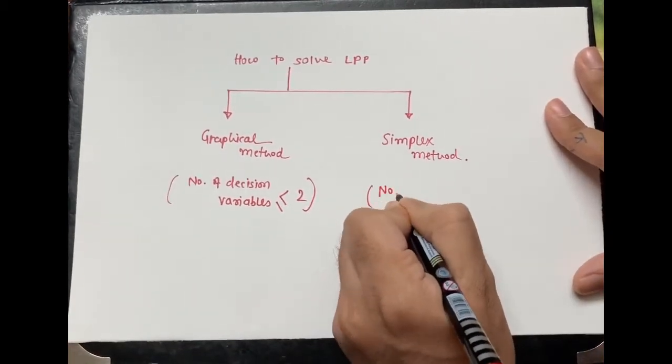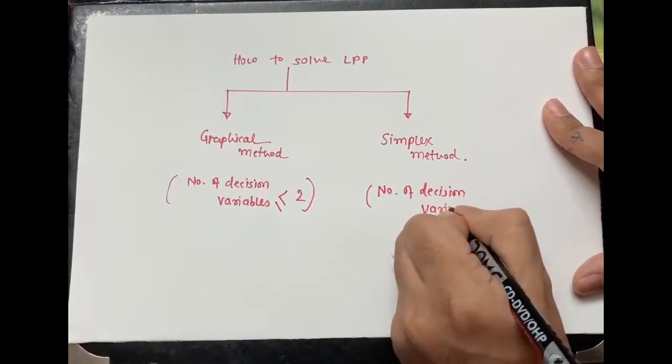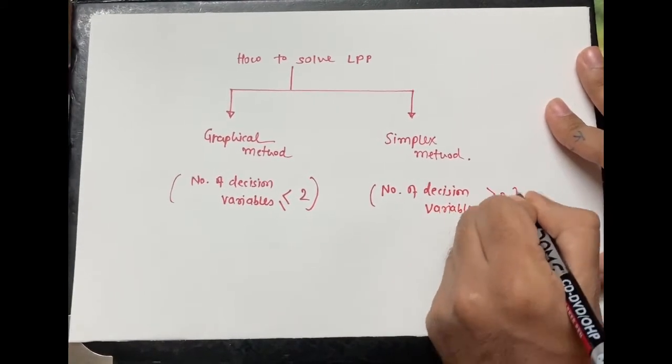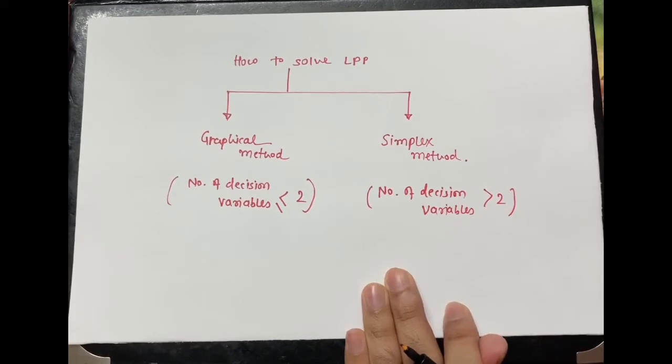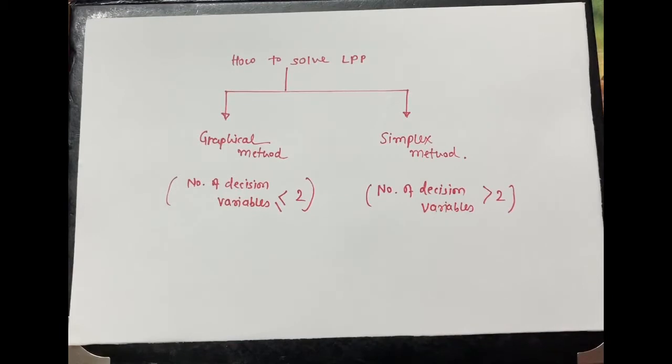Whenever the number of decision variables exceeds 2, meaning 3, 4, 5 and up to n, for solving those linear programming problems we must go for the simplex method. And today we are going to discuss how to solve an LPP model using the graphical method.